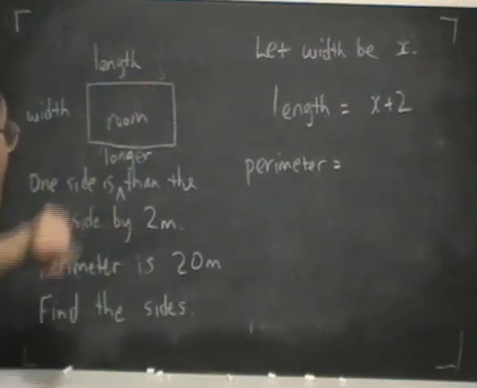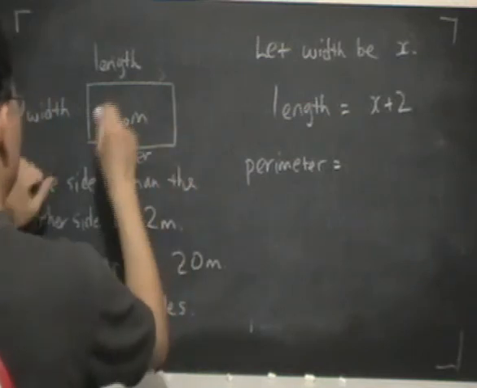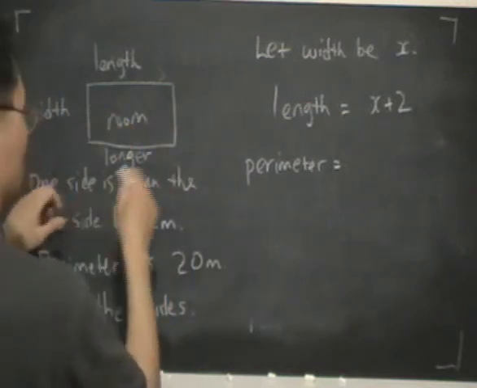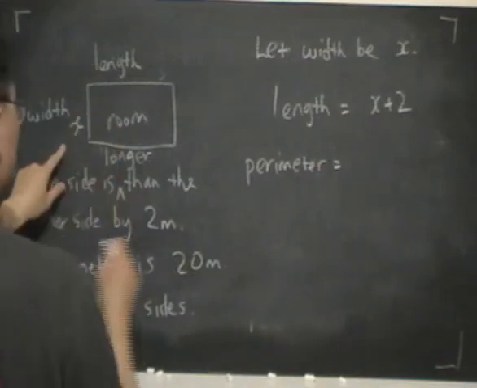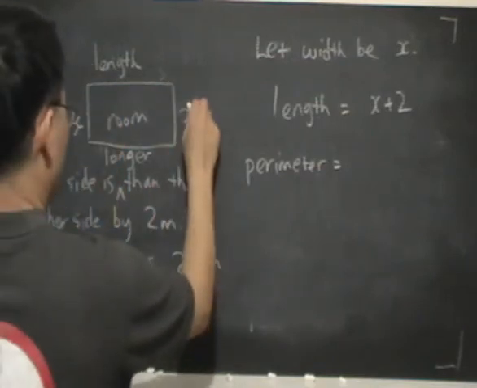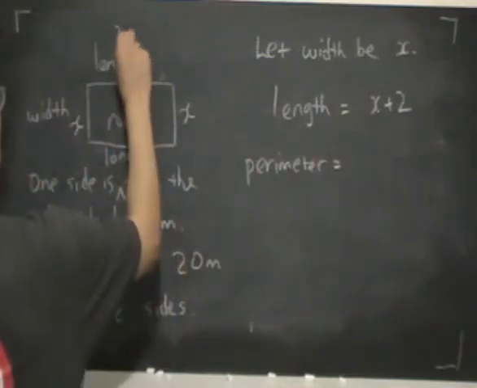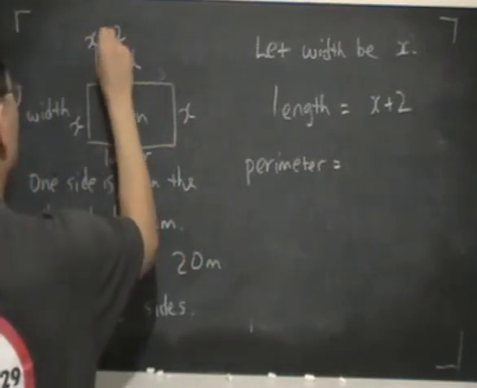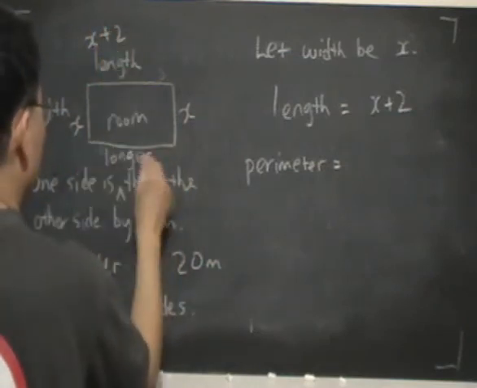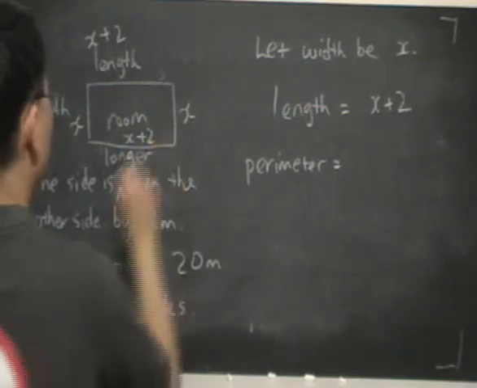We know that the width is x, so to make it more obvious, let me write this down. This width is x, that width is also x, that length is x plus 2, that length is also x plus 2.